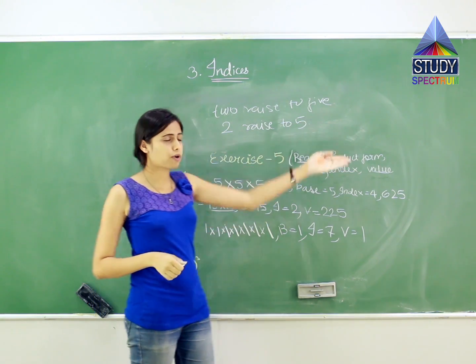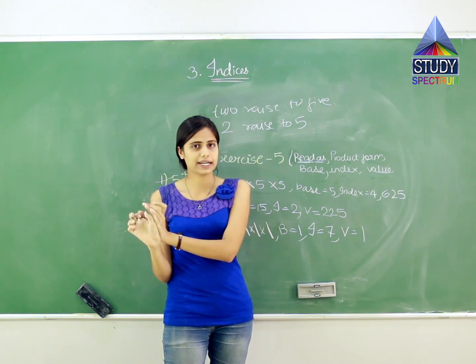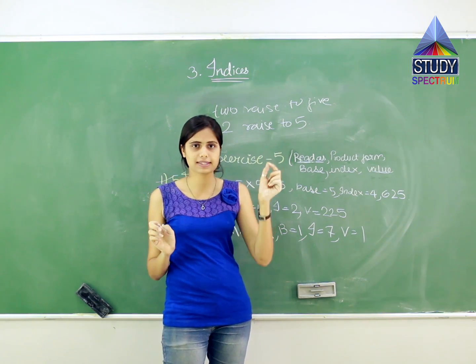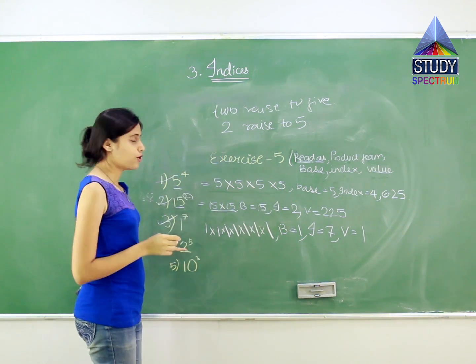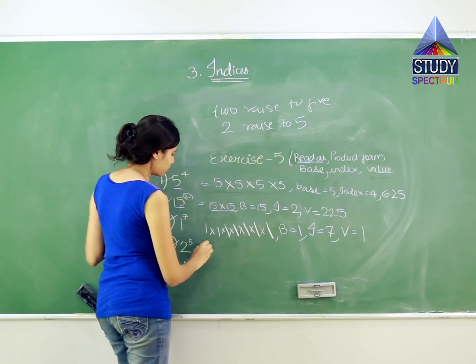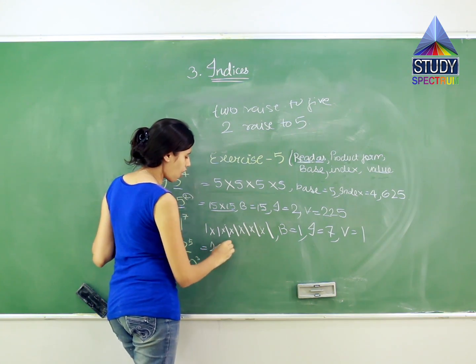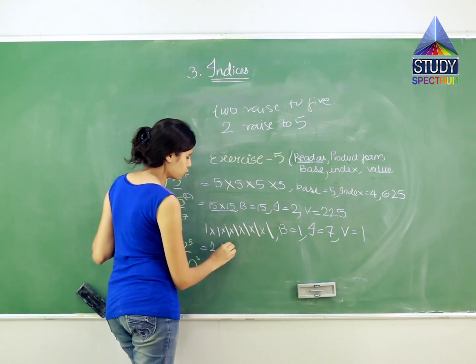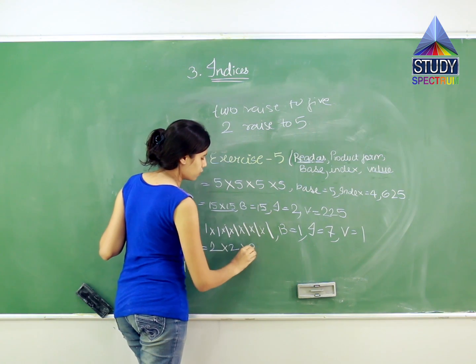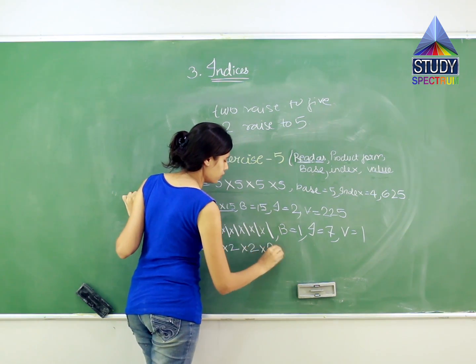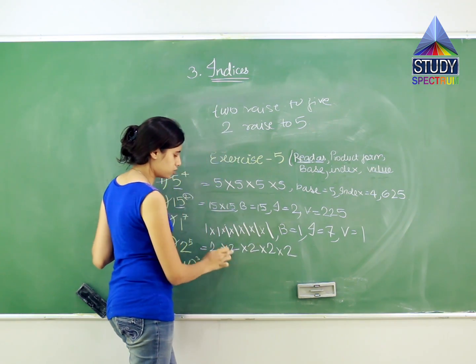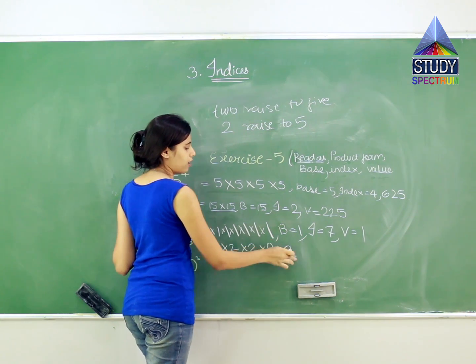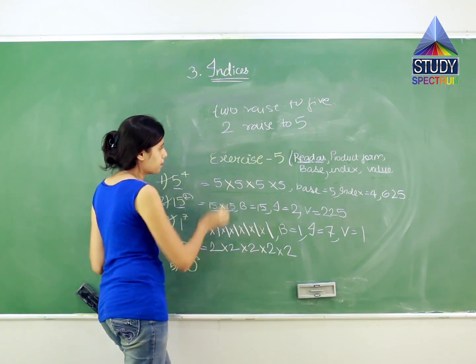Now tell me what is the product form. Product form, what did we do? Writing the base as many times as the index. So over here we have 2 raised to 5. So what we will do? We will multiply 2 how many times? 5 times. So 2 into 2 into 2 into 2 into 2: 1, 2, 3, 4 and 5. Now multiply all of them.